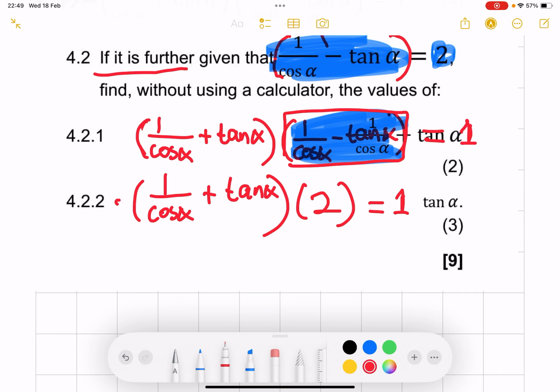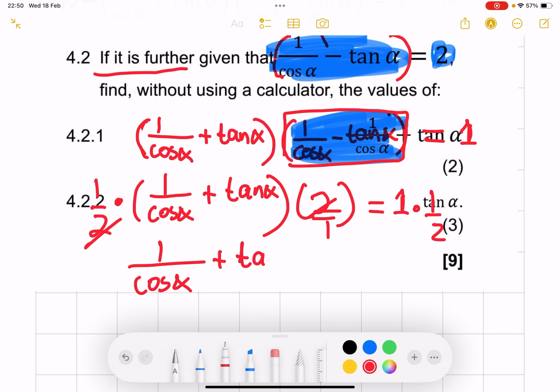And to remove the 2, I can multiply by its reciprocal. 2 is basically 2 over 1, so I can multiply both sides by 1 over 2. On this side, the 2 will cancel the 2. So I'm left with 1 over cos alpha plus tan alpha equal to half, because 1 times half is half. So the answer to 4.2.1 is half.